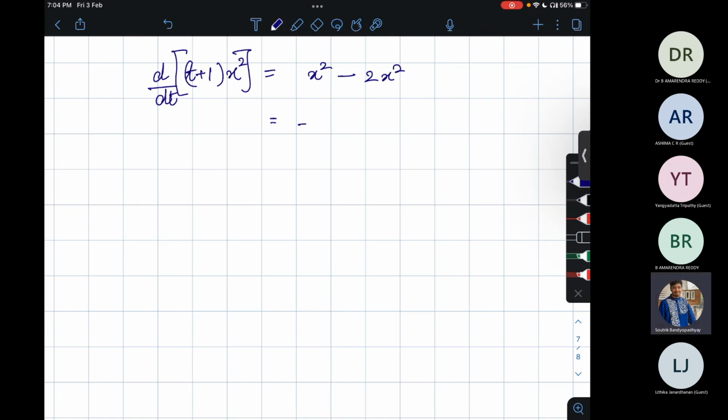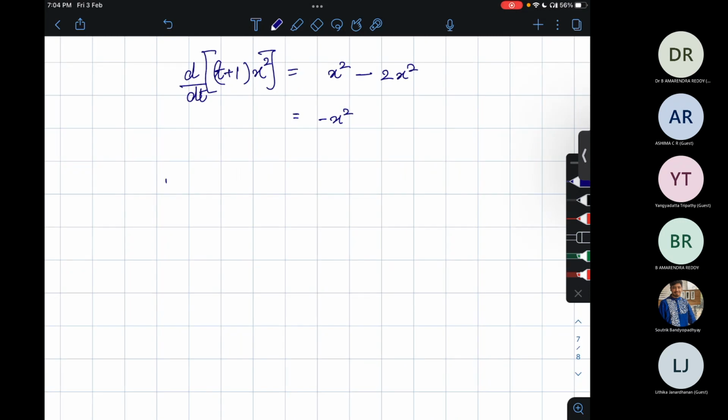And we obtain minus x squared, right? Now, the time derivative of V(x, t) is equal to minus x squared, which we can also write as less than or equal to, because it is equal to.